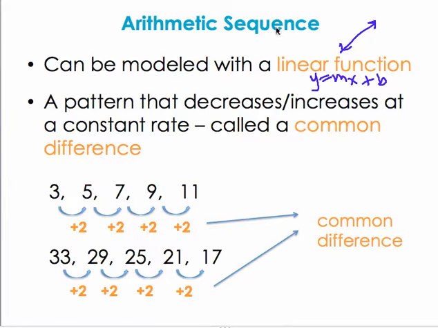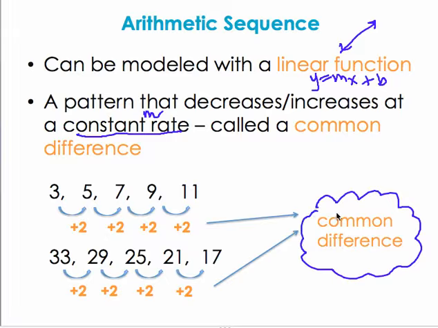And it's a pattern that decreases or increases at a constant rate. When we talked about linear functions, we talked about how they increase or decrease at a constant rate, and that rate was known as the slope. When we're talking about sequences, it's known as the common difference, but it's more or less the same thing.